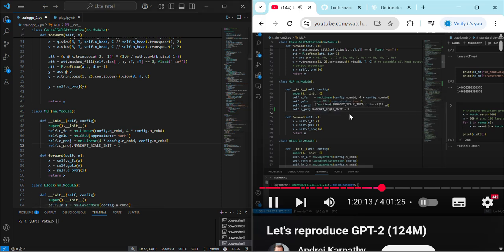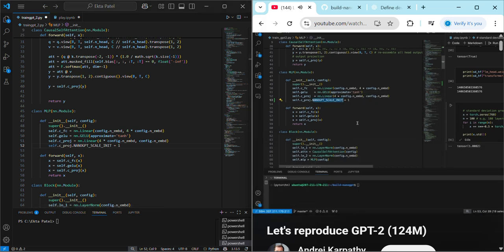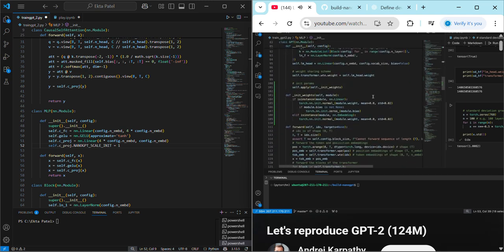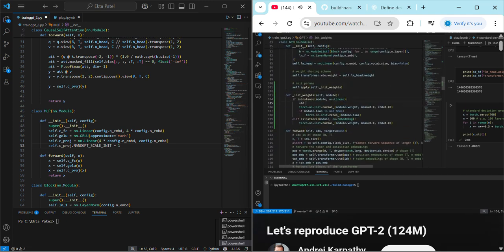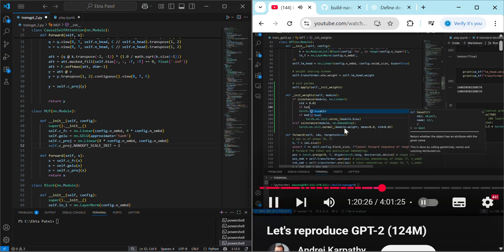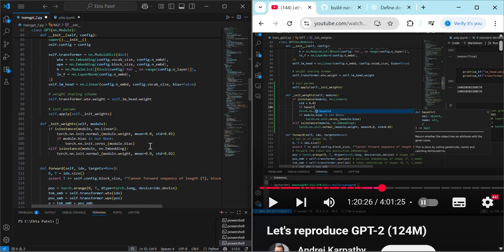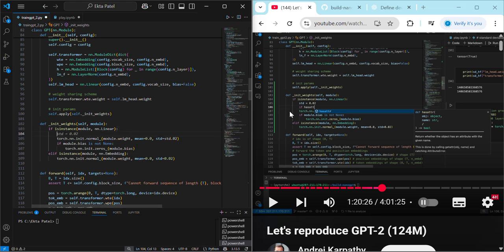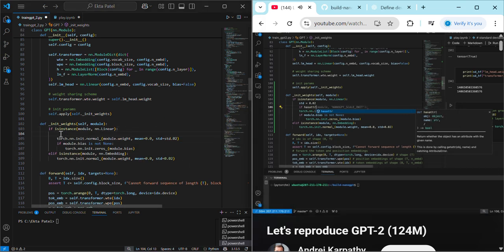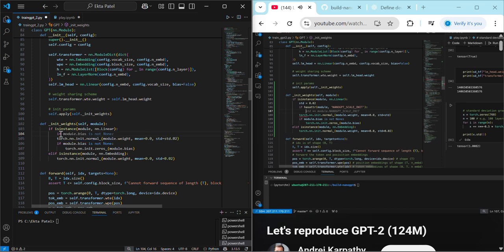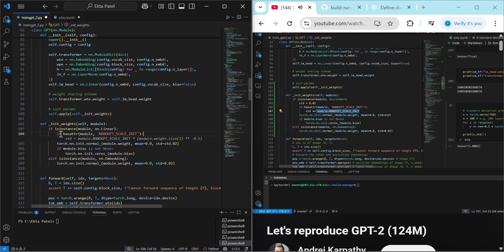Okay, so we're basically attaching this flag and trying to make sure that it doesn't conflict with anything previously. And then when we come down here, this std should be 0.02 by default. But then if the module has this flag, then std times equals... Copilot is not guessing correctly.